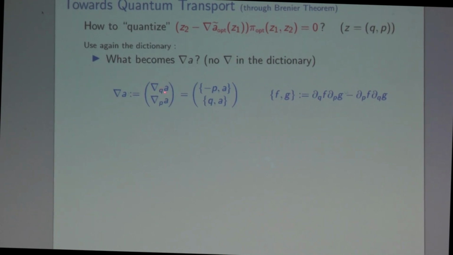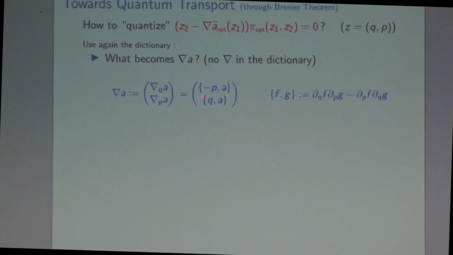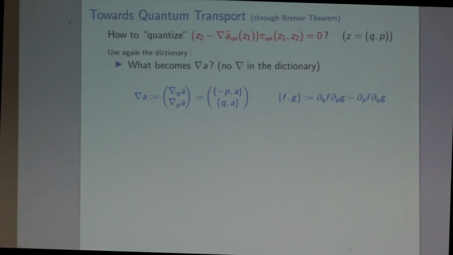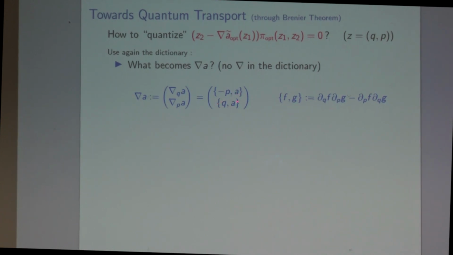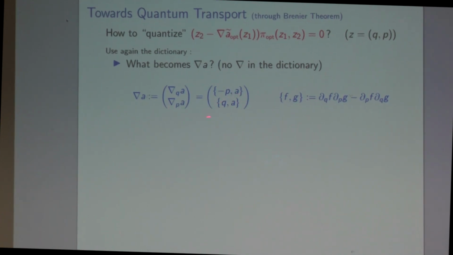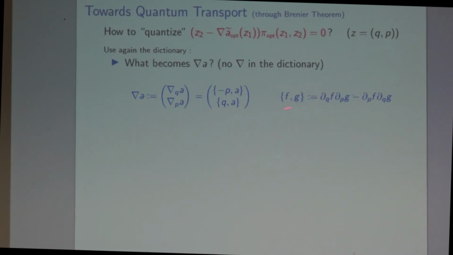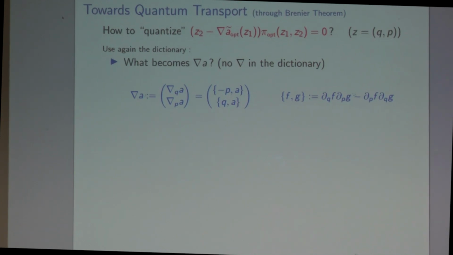And in fact, what is the gradient in Q of A? It's a Poisson bracket of A with respect to minus P, where the Poisson bracket is obtained out of the symplectic form you have on your phase space. I'm a little bit geometrical, but not so much. And the difference with respect to P, you look at this, and it's exactly like this first term here. So it's a Poisson bracket of Q, the function G equal to Q, with A.